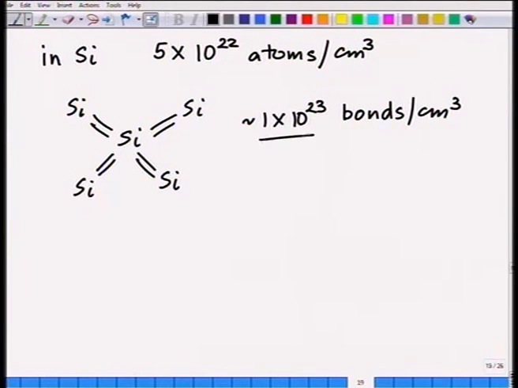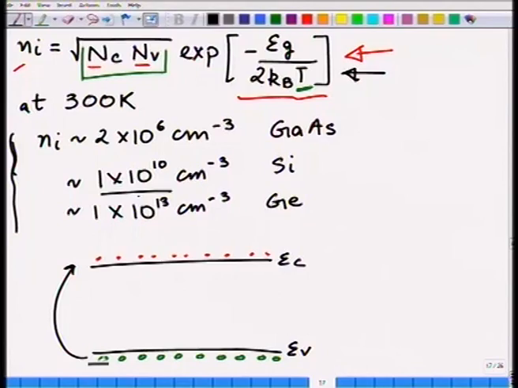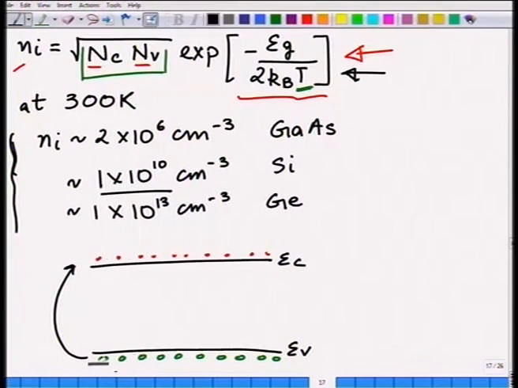If I have this many bonds, and in intrinsic conditions at room temperature I have 10 to the power 10 as the intrinsic carrier concentration, and each bond breaking leads to one electron going up here and creating a hole here, because the bond breaks, an electron goes to the conduction band leaving behind a hole, then about 10 to the power 10 bonds in silicon at room temperature are broken.